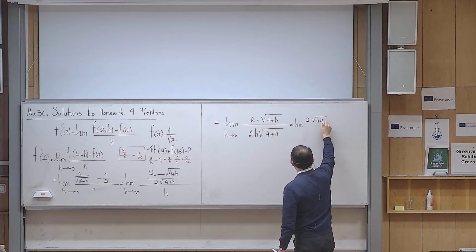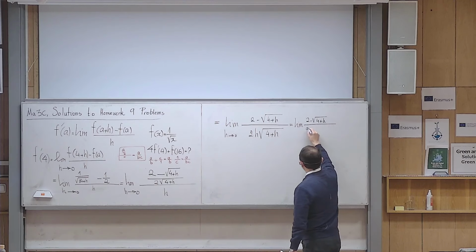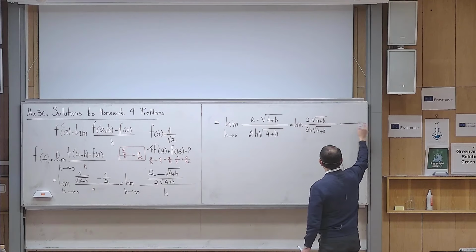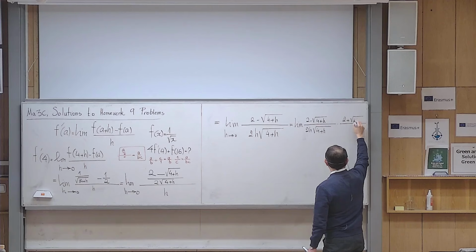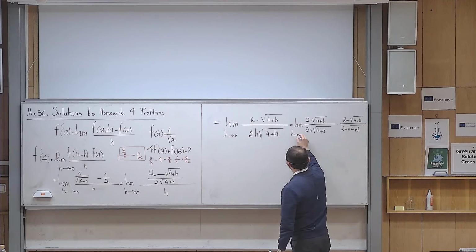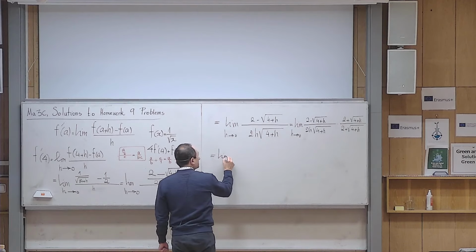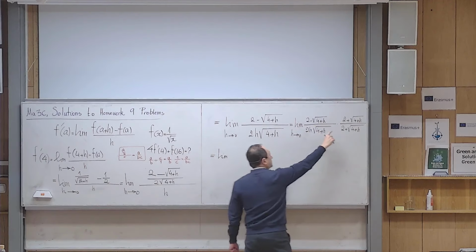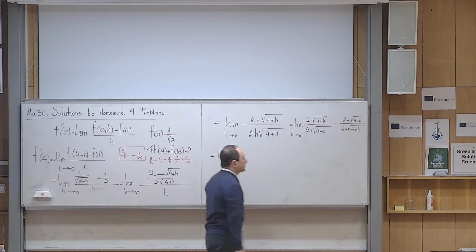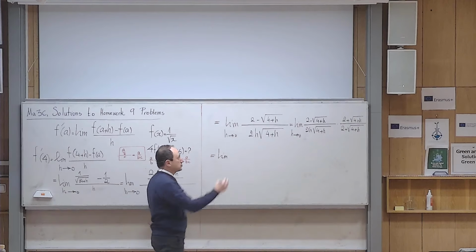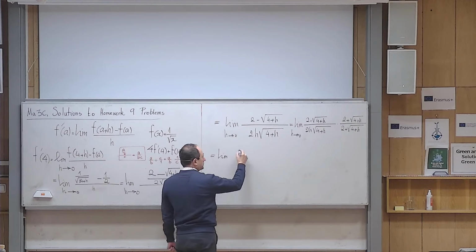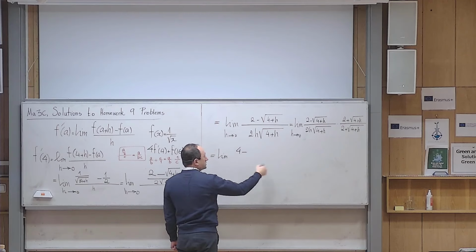So let me copy and paste everything so far, and then I multiply it by 2 plus square root of 4 plus H, 2 plus square root of 4 plus H, and H goes to 0. Okay? And now what happens? So this becomes the limit. This one should be multiplied in the numerator, but that becomes the conjugate rule. So it becomes the first one to power 2, which is 4, minus the second one to power 2.